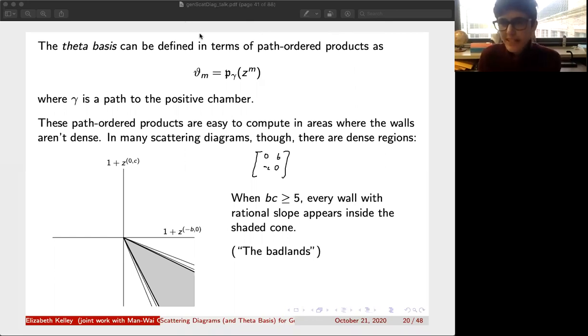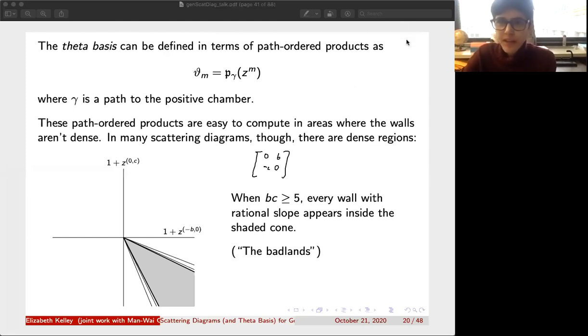So as soon as it gets to 5 or above, then you end up with this region where every wall of rational slope appears. And we call this region the Badlands because it's bad if you want to calculate these path-ordered products.